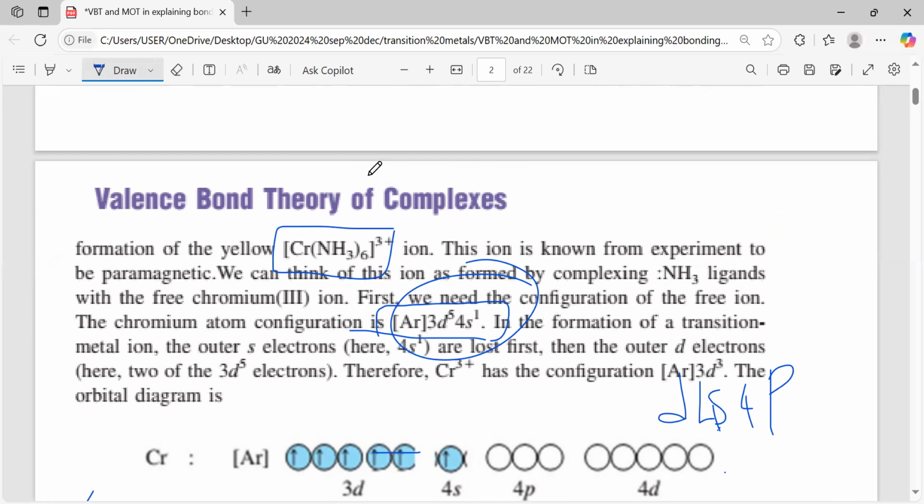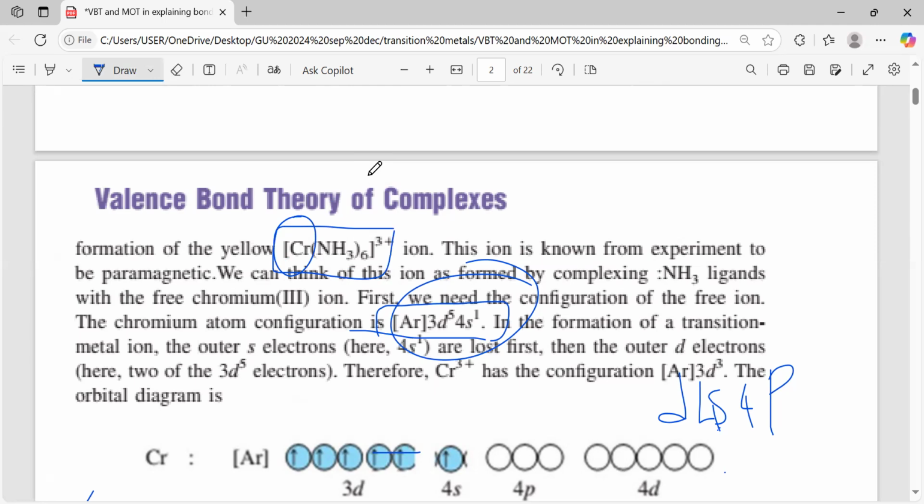So in such a case, what do we see? We see that in this case, chromium does not give anything to bond to those ligands. Chromium does not contribute anything to bond to the 6 ammine ligands.